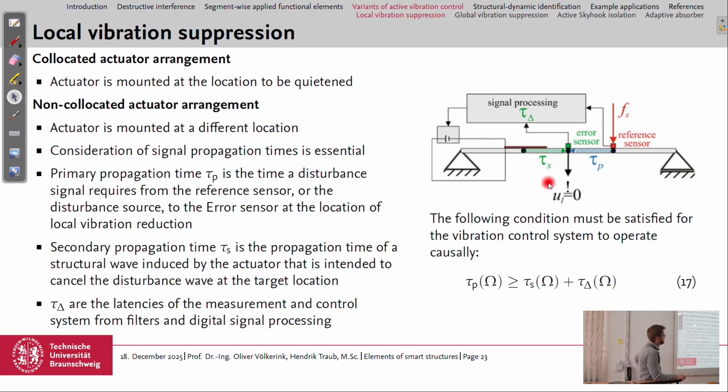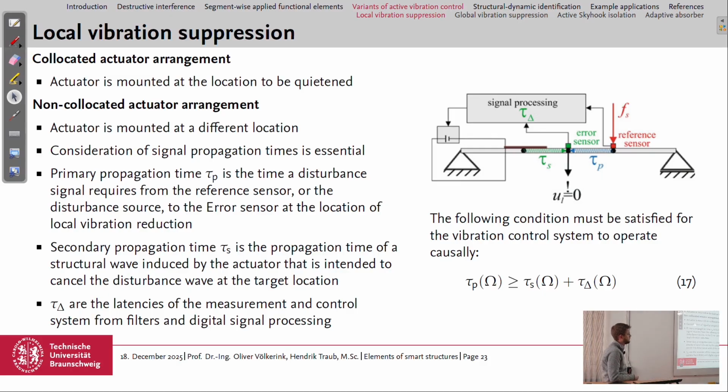So we need the actuator to have the signal, or the vibration, at this point at the same time as the disturbance would reach this point. But we also need some time to create the control signal for the actuator. Therefore, the actuator in general has to be closer to the position we are looking at than the disturbance.